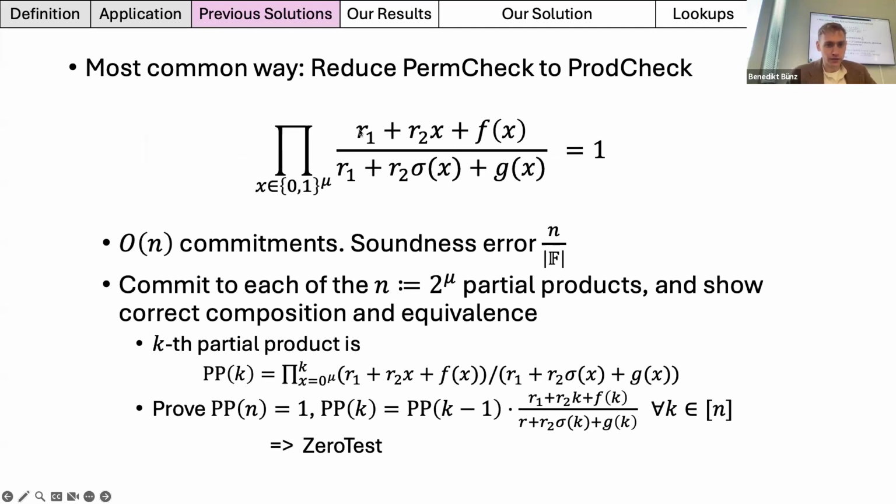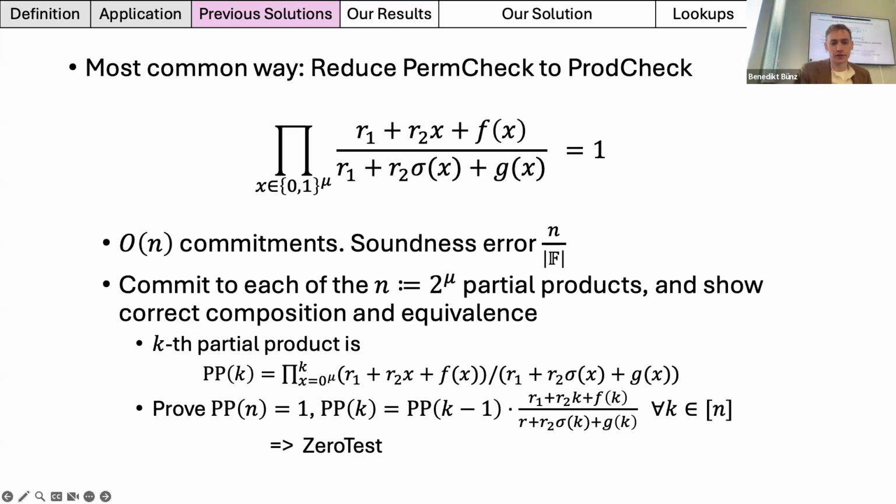The other thing is, to prove this I need to do something called a product check. So I'm going to commit to all of these little terms, right? Or actually, what I'm going to do is commit to so-called partial products. In the end, I'm going to do a product over n things, but I'm going to commit to the product over 2 things, over 3 things, over 4 things.